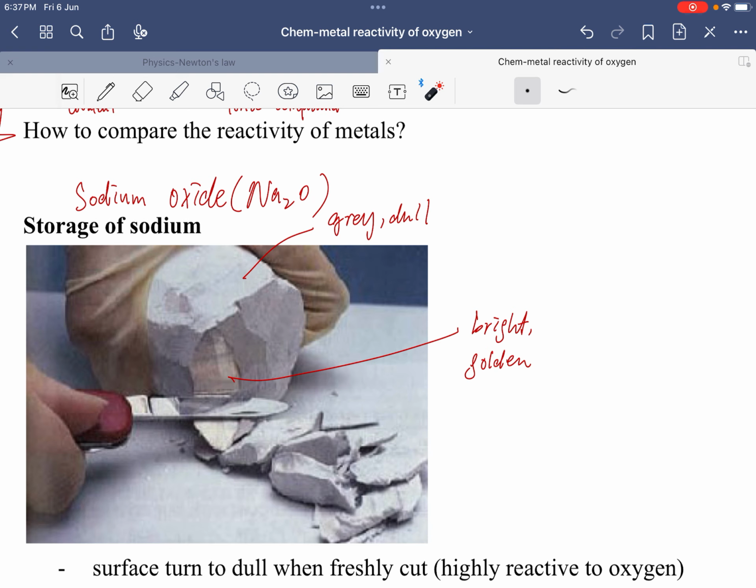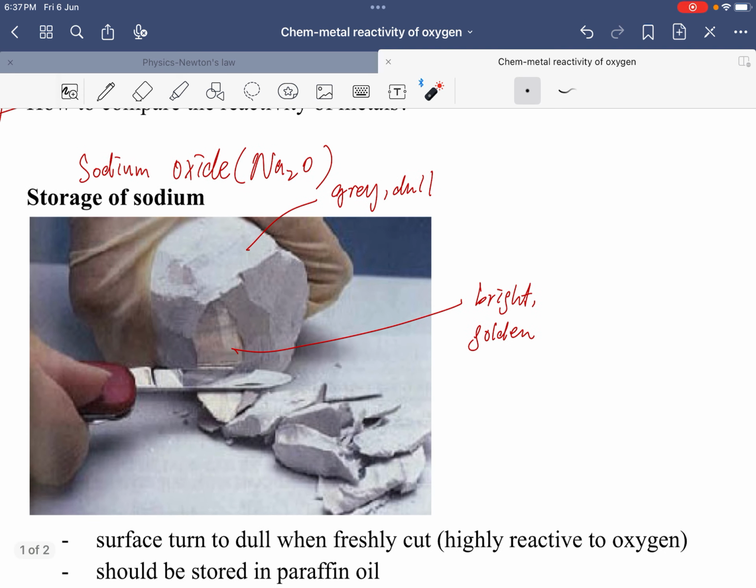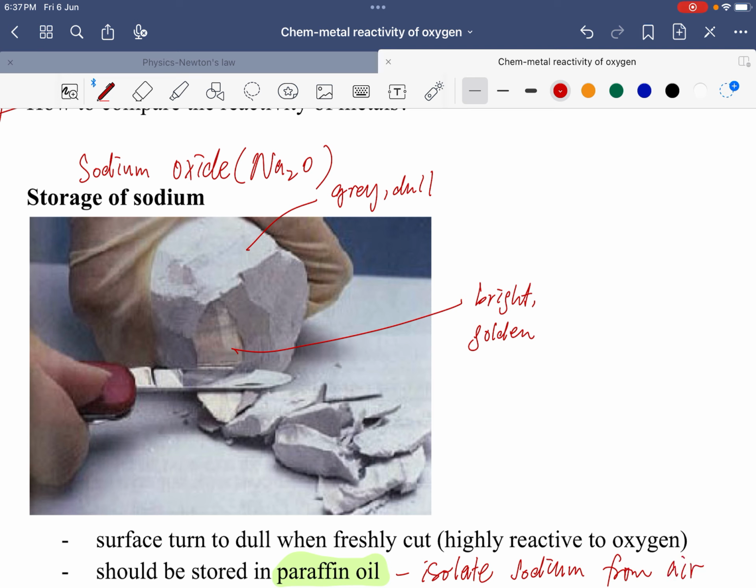Yeah, so here it gives a suggestion: store it in paraffin oil, because paraffin oil will isolate sodium from air so that it will not be oxidized. Okay, so how about the other 3 types of metal? How will we store them?